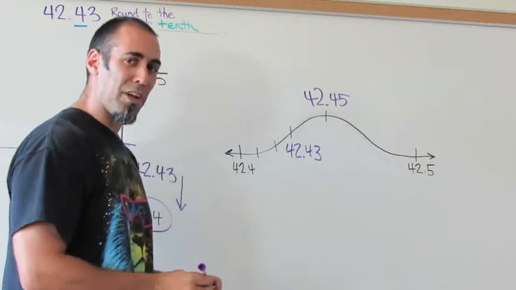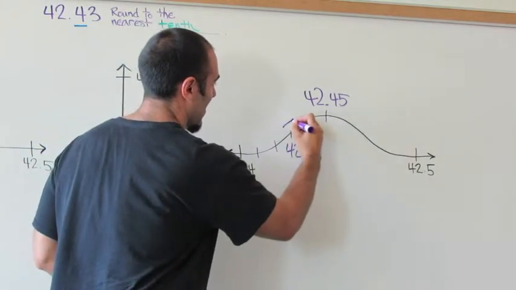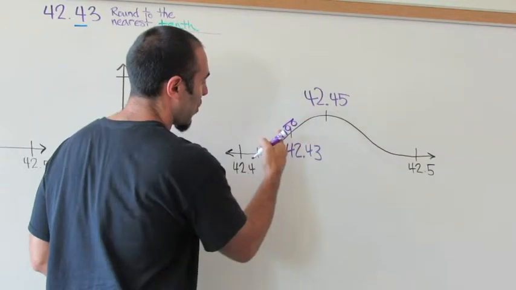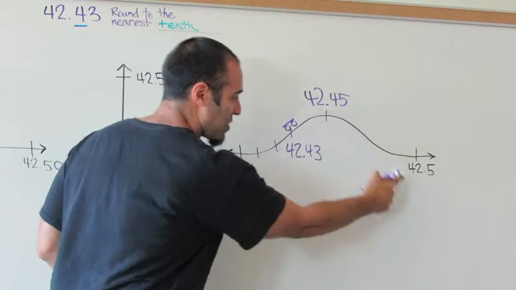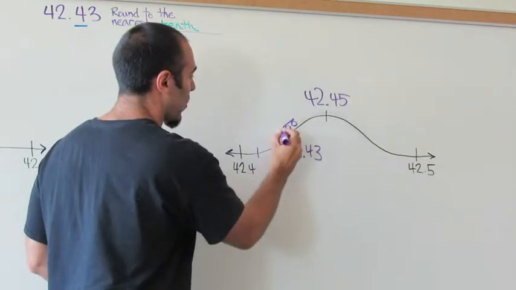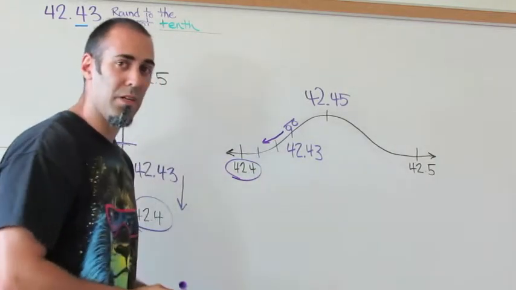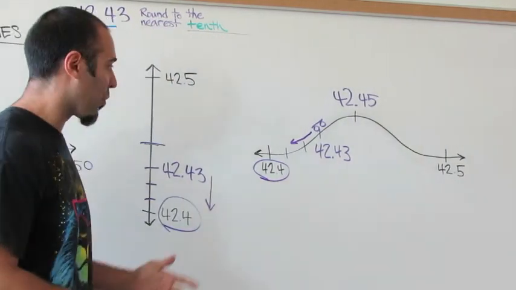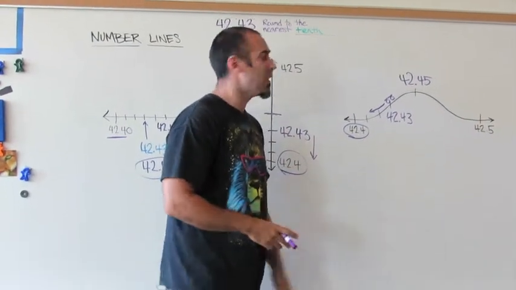And if you think about this number being on a skateboard, which way would that skateboard roll? It wouldn't roll up the hill towards 42.5, it would roll down the hill to 42.4. So that's another visual way to represent where this number is and how we round it.